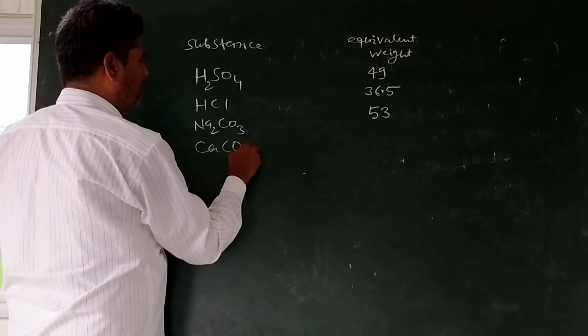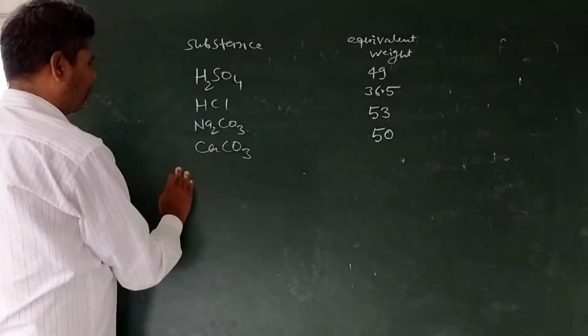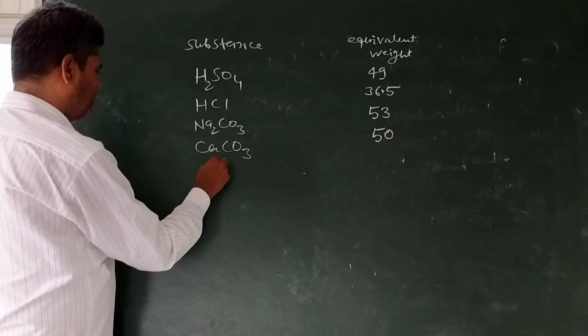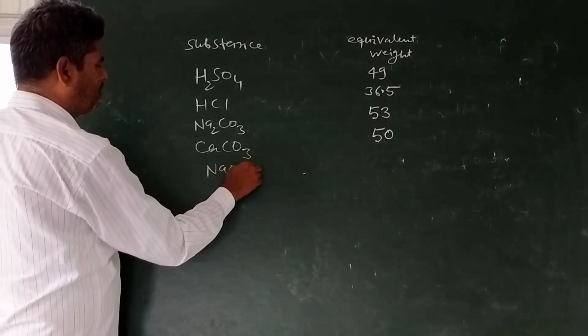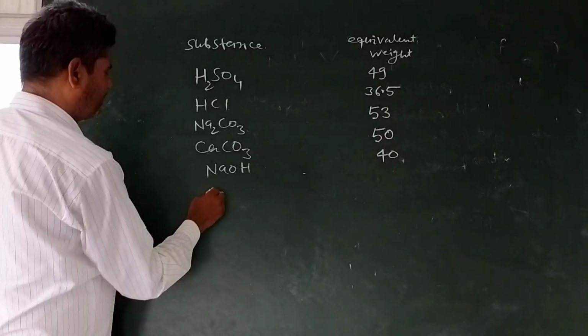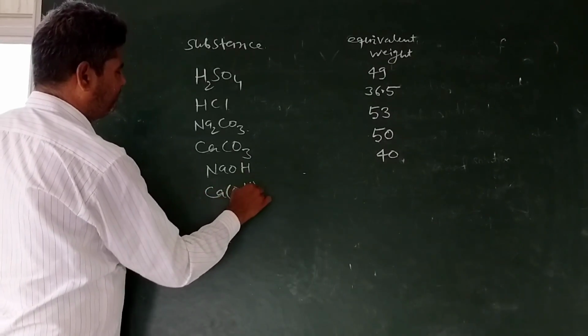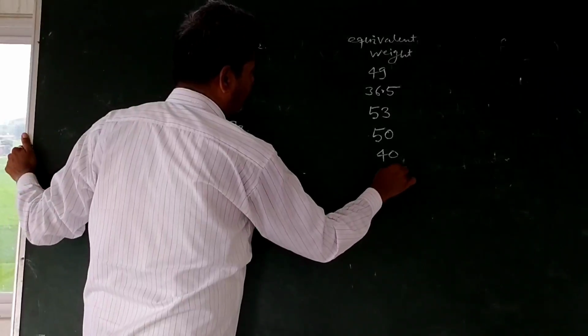Calcium carbonate 50. Sodium hydroxide or caustic soda 40. Calcium hydroxide or slaked lime 37.